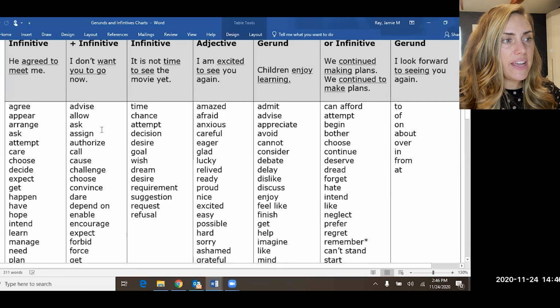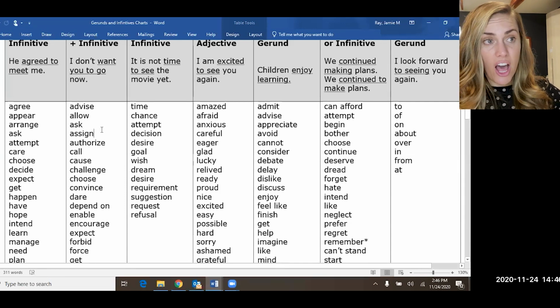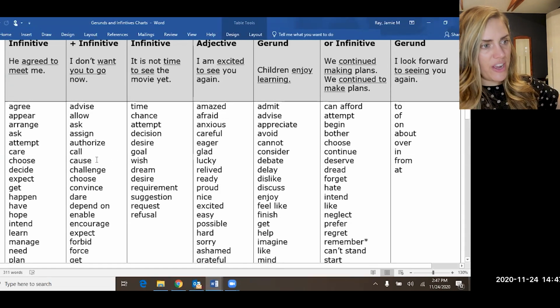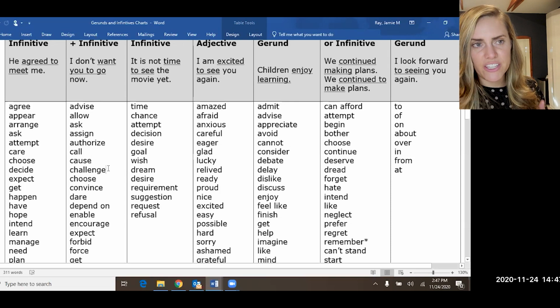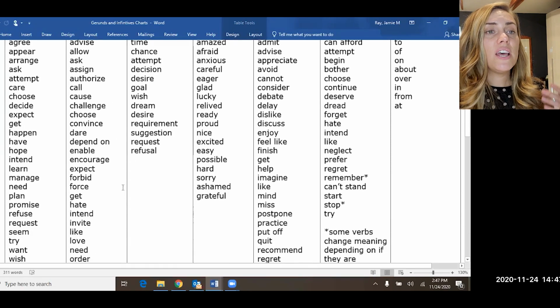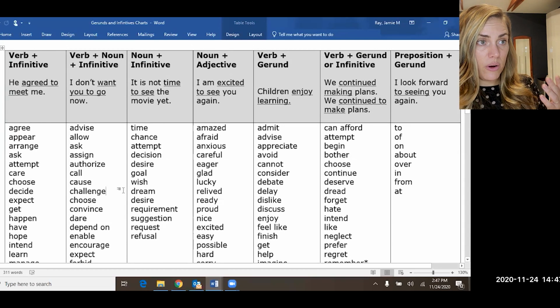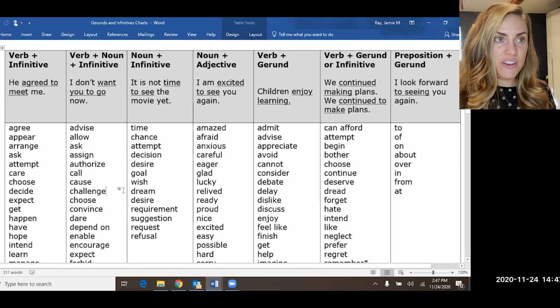Assign. The teacher assigned us to write an essay. Authorize. All of the whole list. Authorize, call, cause, challenge. All of these verbs will take a noun or a pronoun, then the infinitive form.